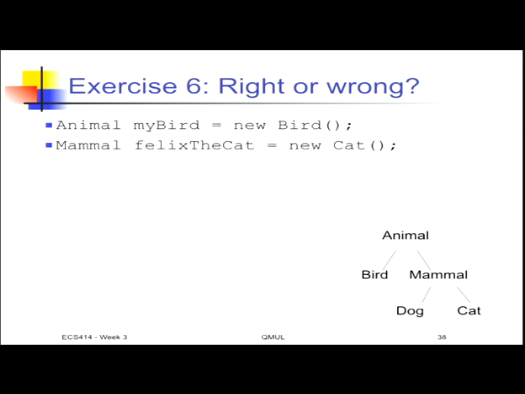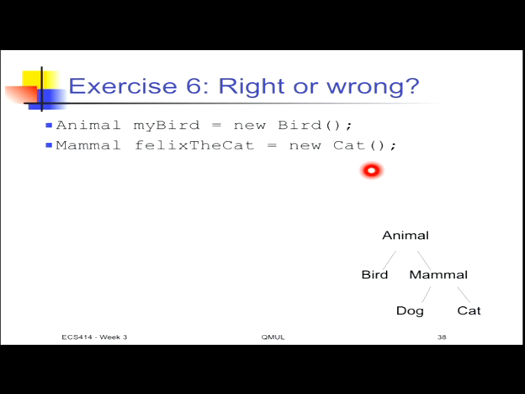Mammal, Felix the cat equal new cat. Raise your hands, do you think this is correct? It's more indecision than before. It's the same principle as before, so mammal is a superclass of cat. So here I should have a mammal, Felix the cat equal new mammal, but cat is a subclass of mammal, so by the substitution principle, that's fine.